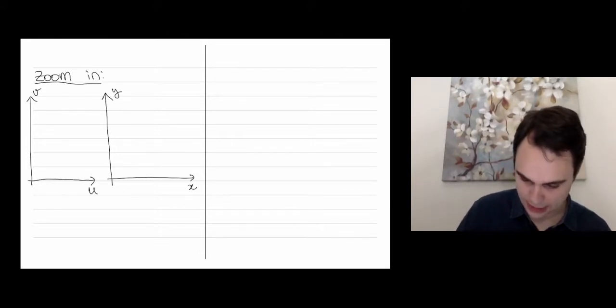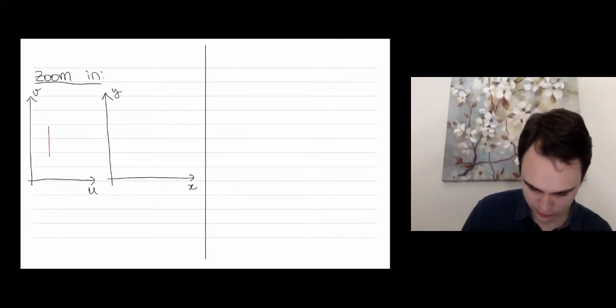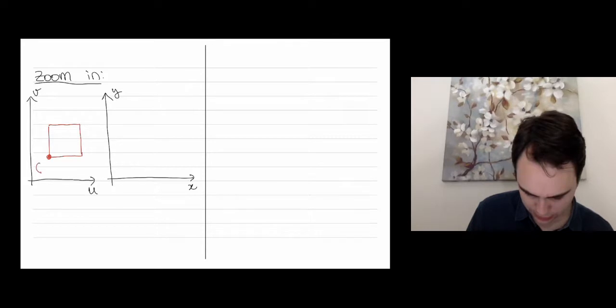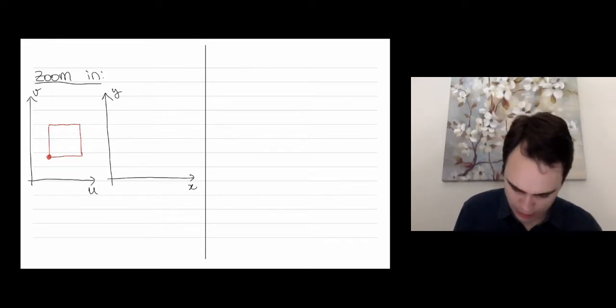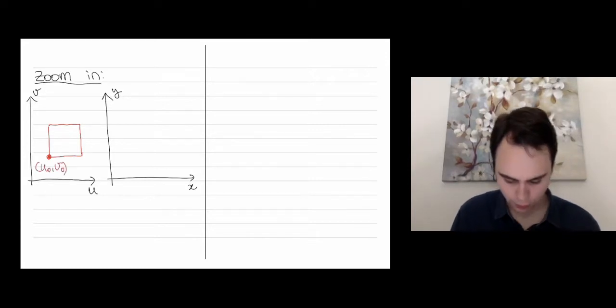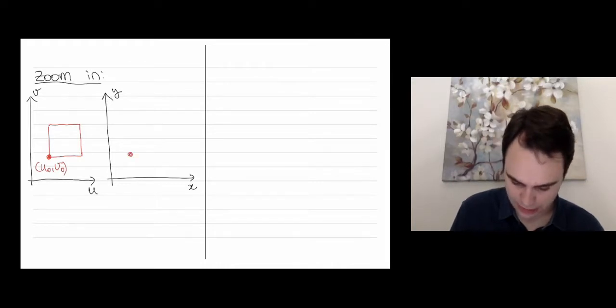I have a rectangle in the UV plane. This point over here is going to be important for us, so let me give it a name: U0, V0. Now let me draw the corresponding region of the xy plane.